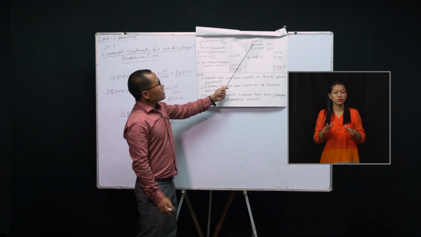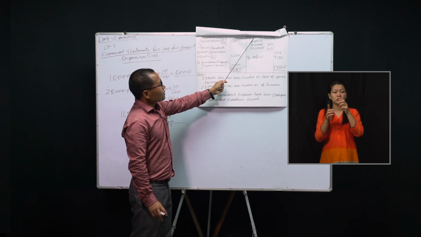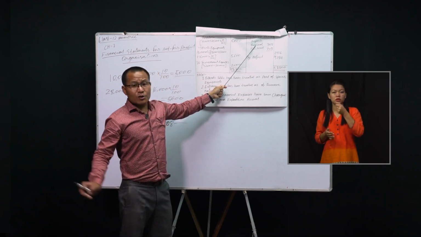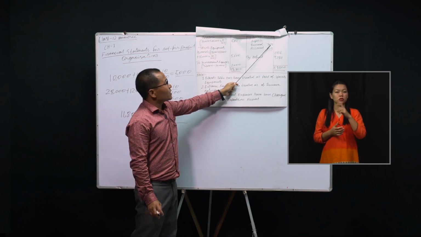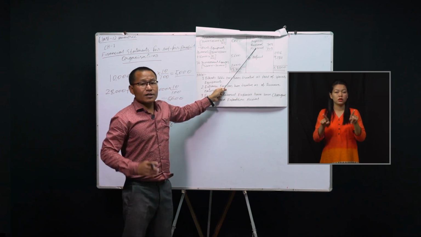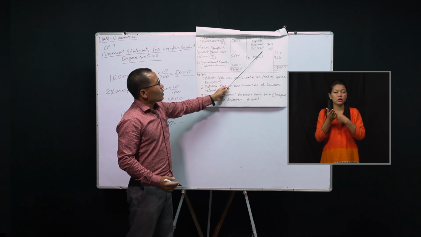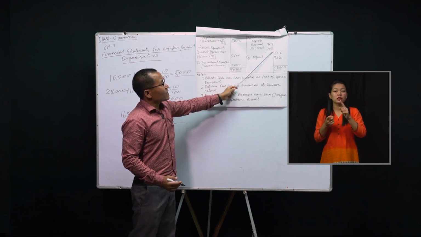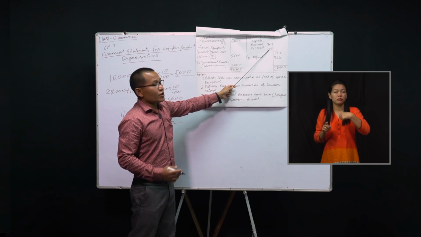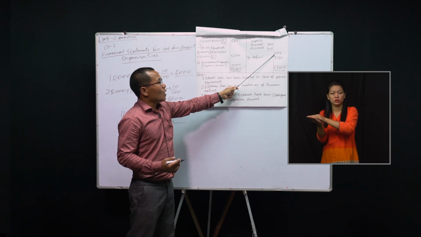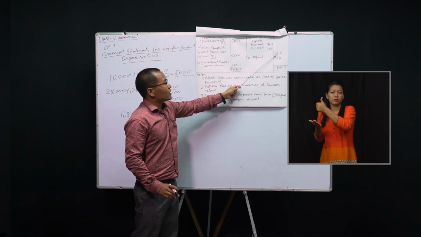Therefore, the amount of interest on the fixed deposits received as per the question is 708, and accrued, that is they have earned but they did not receive. Therefore, this 708 is not received. It is yet to receive. So total interest on the fixed deposits comes to 1,416.